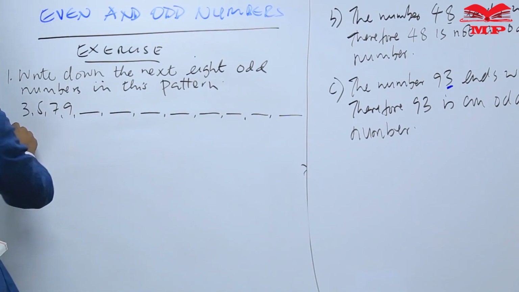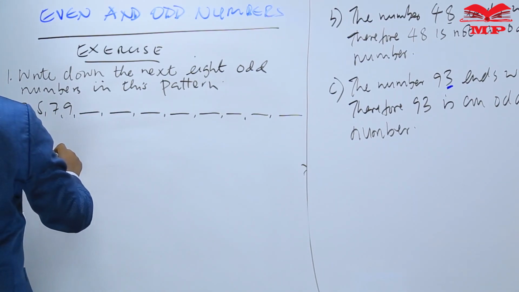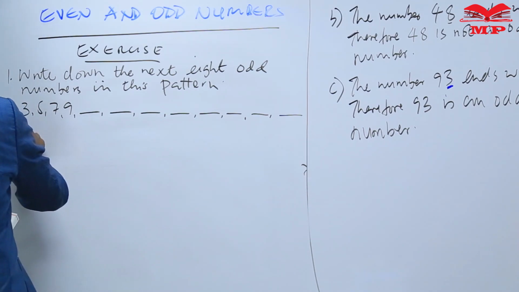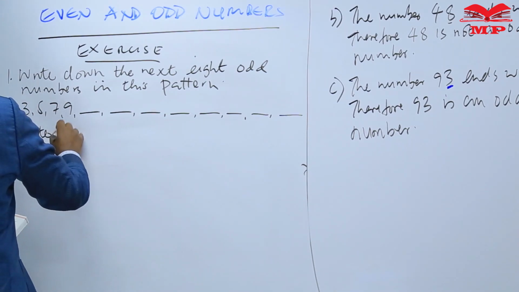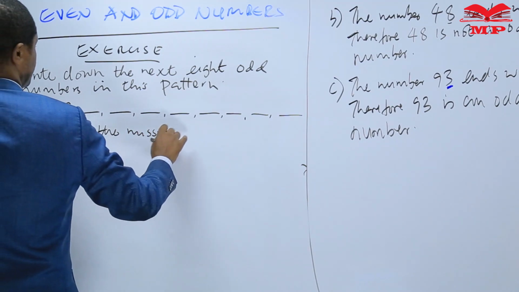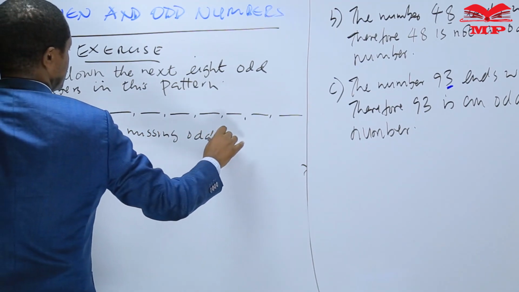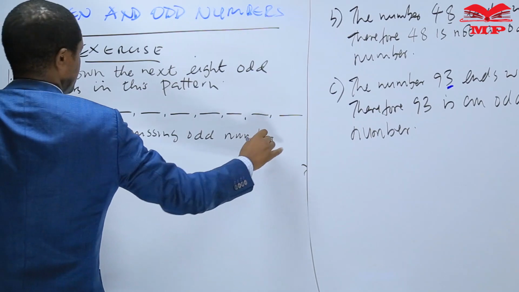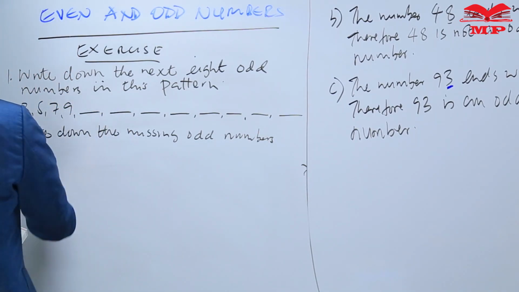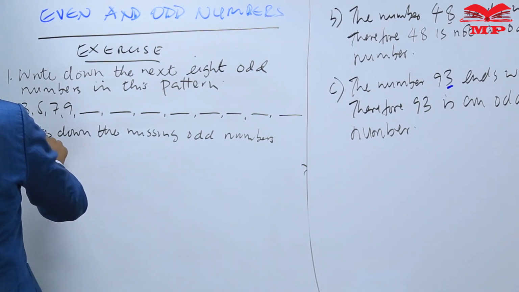Then number 2, the second exercise: write down the missing odd numbers in the patterns below.